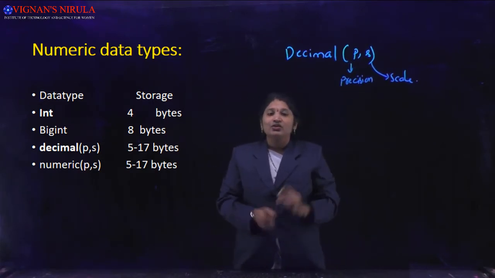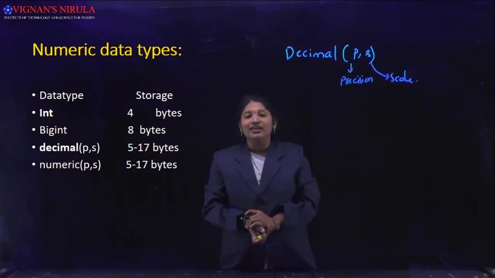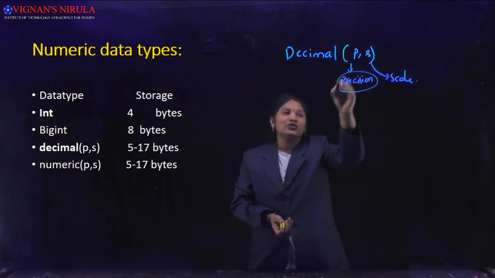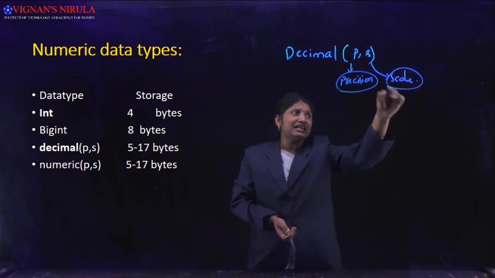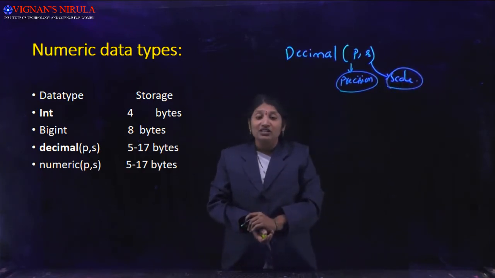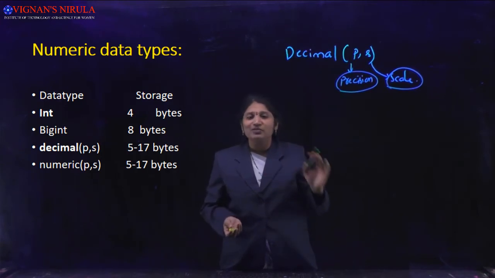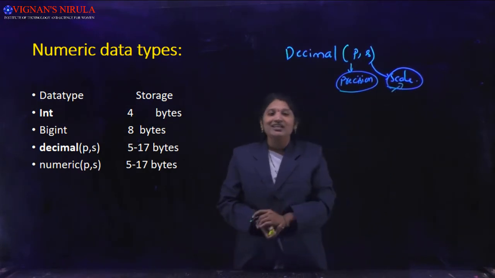Precision is how much width the number is going to occupy, including the decimal point. The scale indicates the number of digits that we are going to use after the decimal point, that is, to the right of the decimal point.